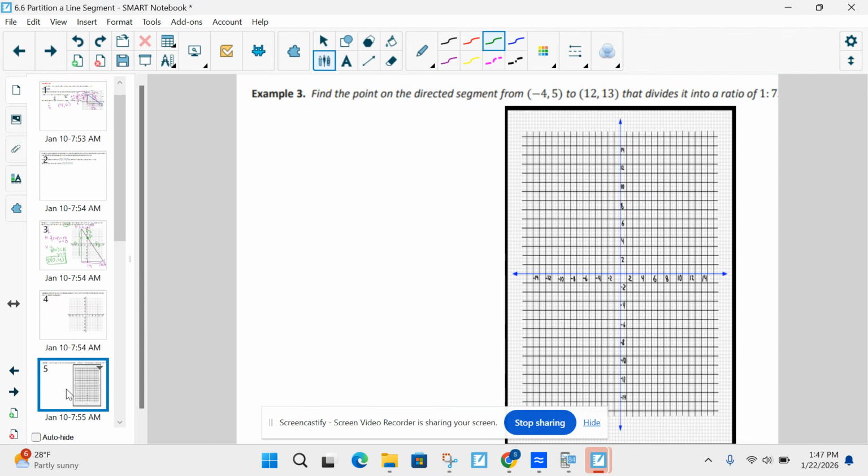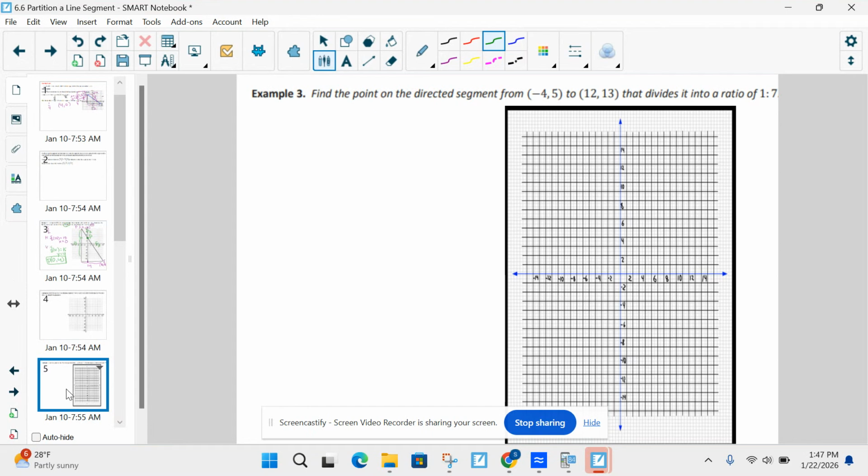Sometimes you have to figure out the horizontal and the vertical distance and double it or divide it in half or do 2/3 of it to figure out where your new point is. So this is kind of along the same lines. It's a dilation of just a segment. So anyways, let's do the next question.